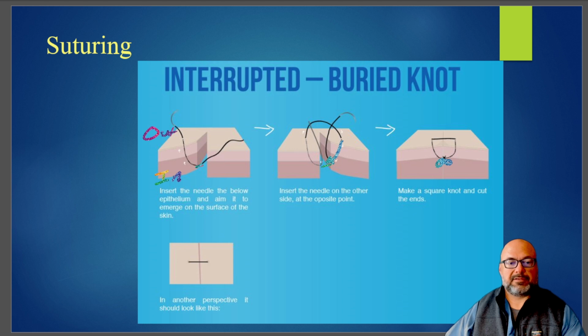So in to out, and then out to in to bring that down. Then you've got your free end here and your end with the needle here, and you tie that together, so that when you see it from above, it looks like this. It's just a line of suture, not a suture with a visible knot on top.